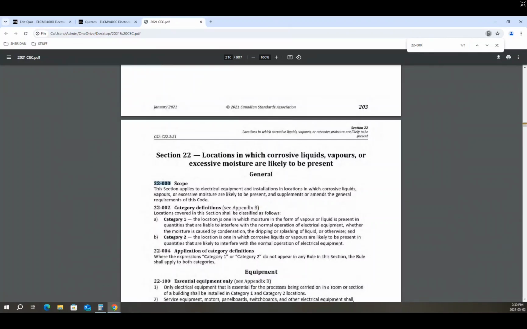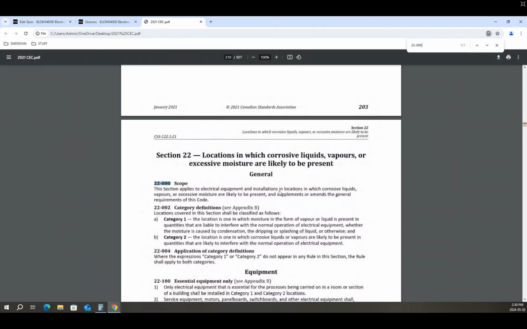And that might be liable to interfere with normal operation of electrical equipment, whether moisture is caused by condensation, dripping, splashing, and otherwise. Clear on this yet?